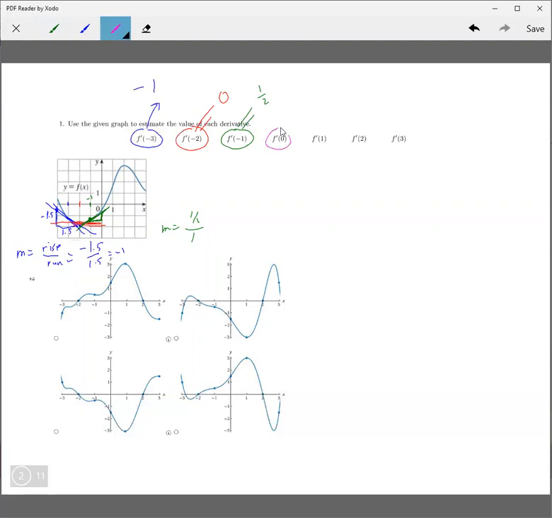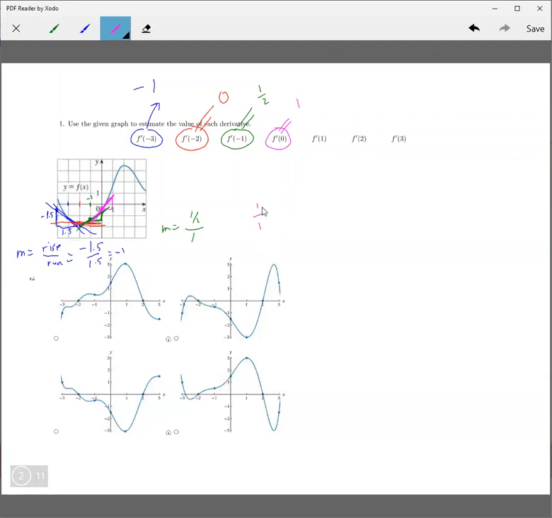Okay, f prime of 0, that would be right here, and let's find the slope right there. So let's see here. It went from here to here. I want to go across by 1 and up by maybe 1. So that would be 1, okay? If that's 1 over 1, it went up by 1 and across by 1.